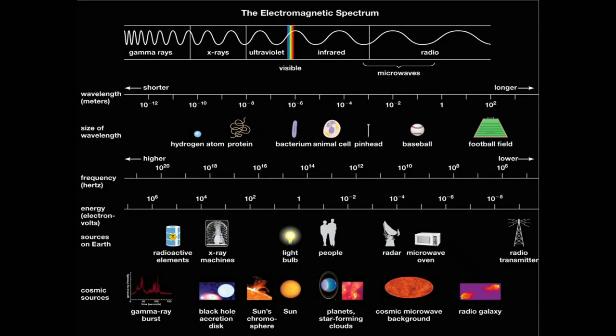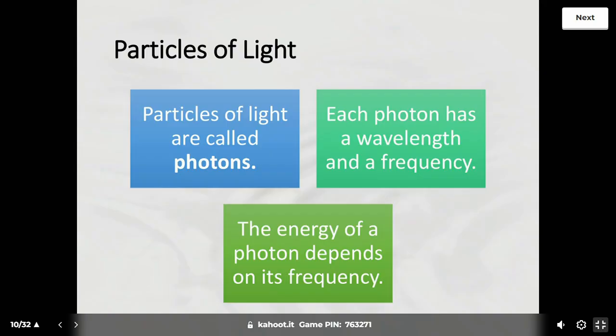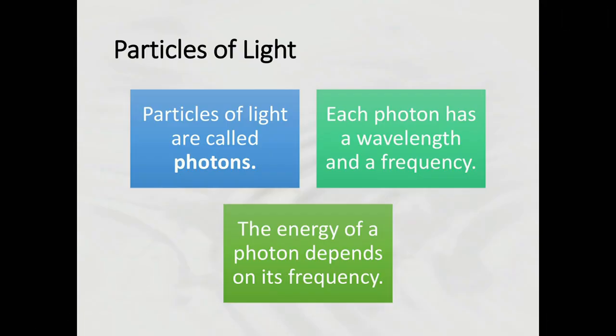So it's important to understand the physics of light so we can talk about all of these astronomical sources. Light is a wave, but it's also a particle. So this gets into wave-particle duality, which is a consequence of quantum mechanics. So if you want a deeper understanding of that, you can take some upper-level physics classes. So particles of light are called photons, and those photons have the properties of a wave in addition to acting like a particle.